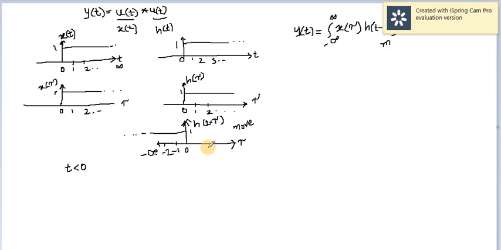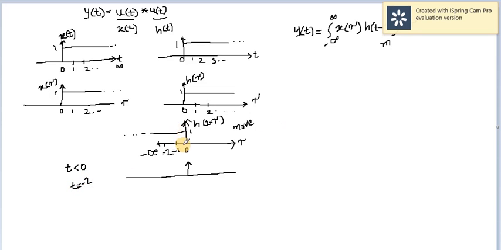The signal is going to be h of t minus tau itself. If the value of this t, let's say, is equal to minus 2, then the signal looks in this way.